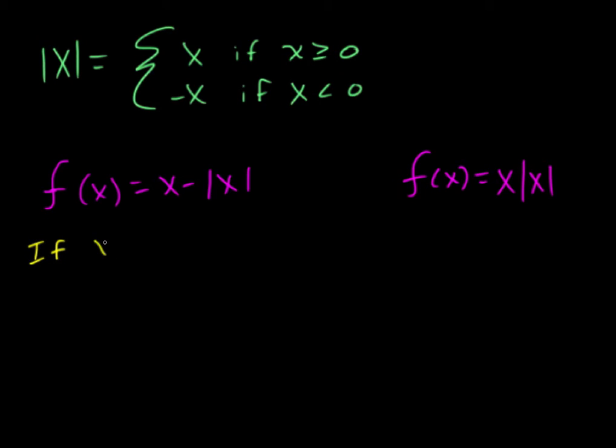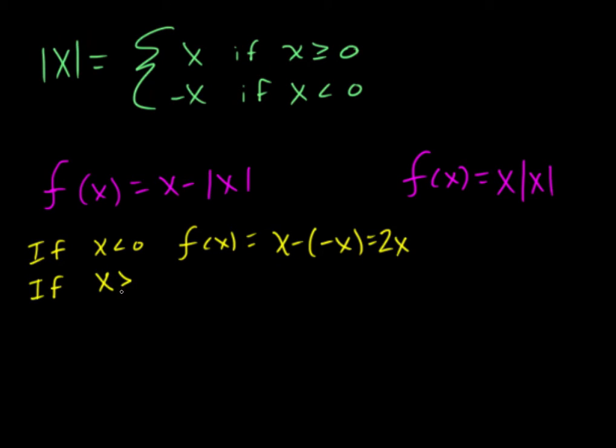So if x is less than 0, then f of x is going to equal x minus -x, which is equal to, that would be x plus x, so 2x. And then if x is greater than or equal to 0, then f of x is going to equal x minus x, which is 0.